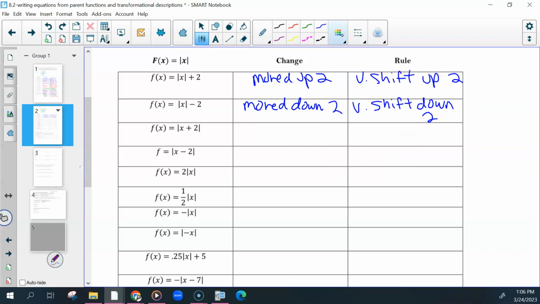It would move left. So that rule would be shift left 2.